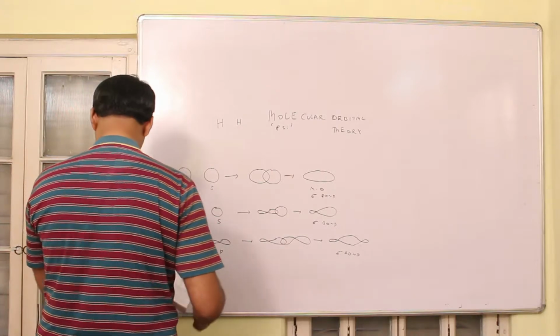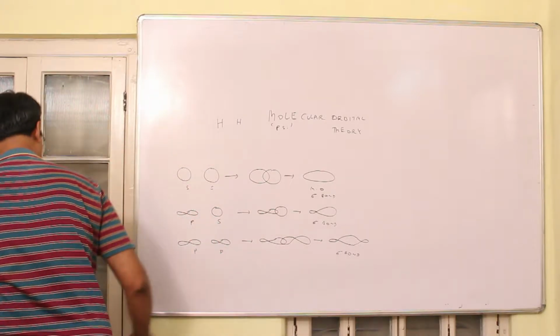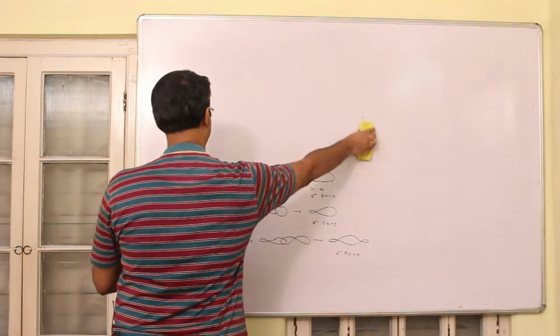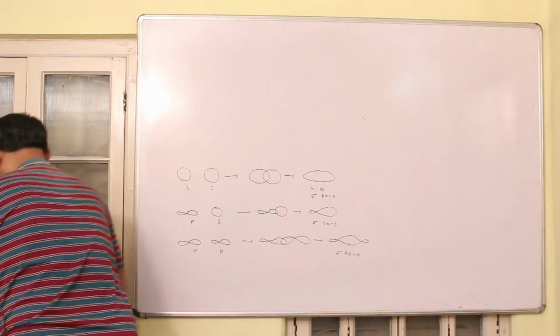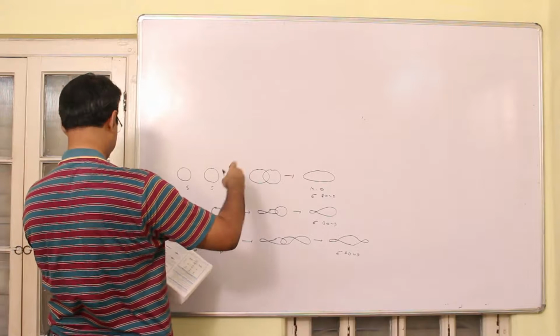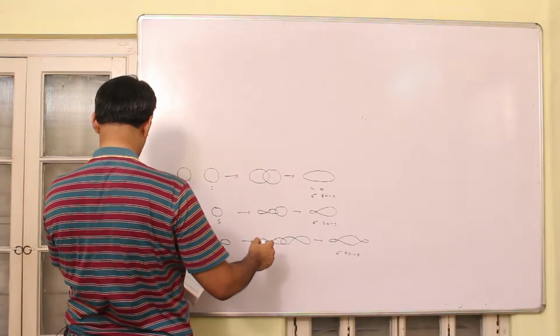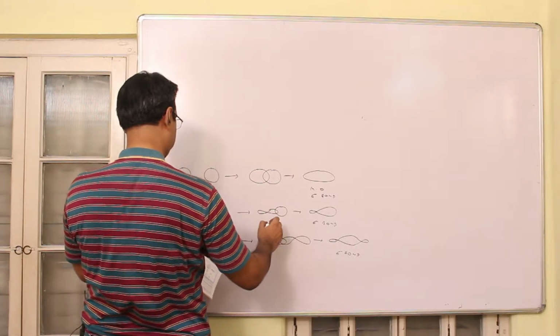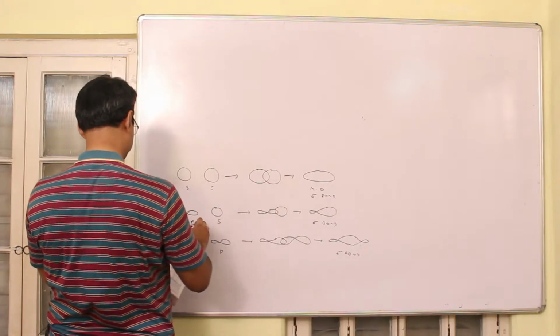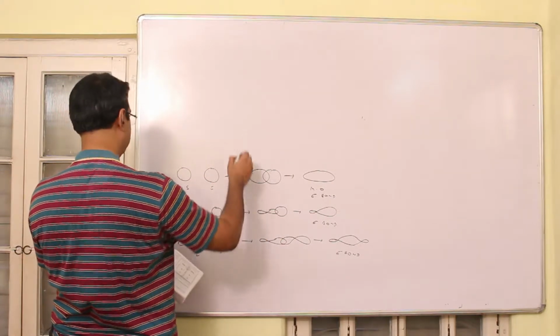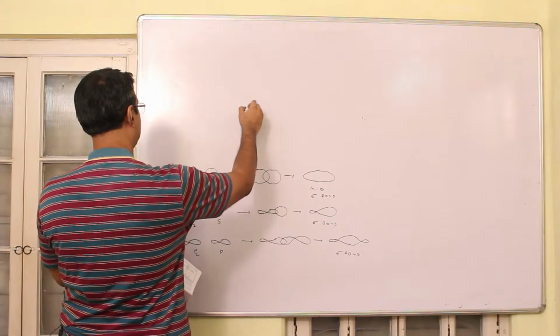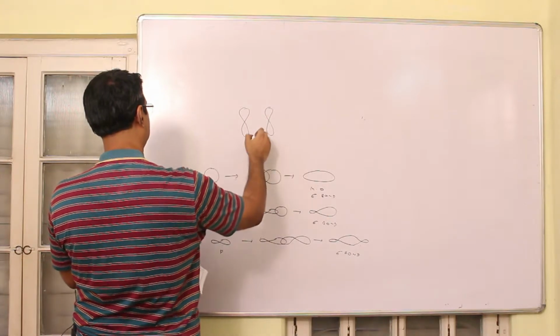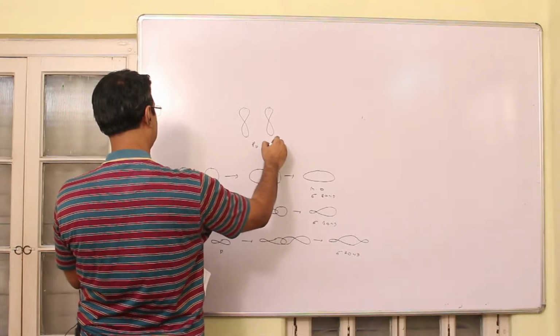Now what happens is that in the p subshell, there are three orbitals. So let us say if we call this one pz, then px and py can overlap laterally.